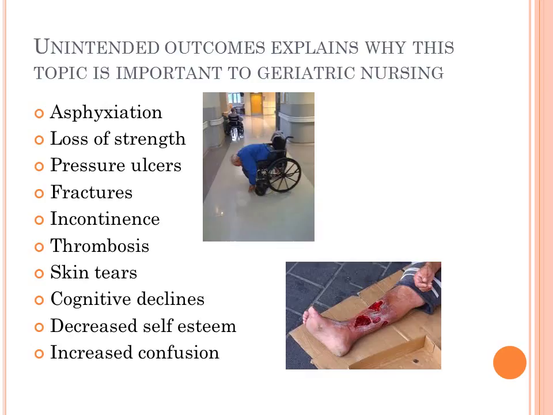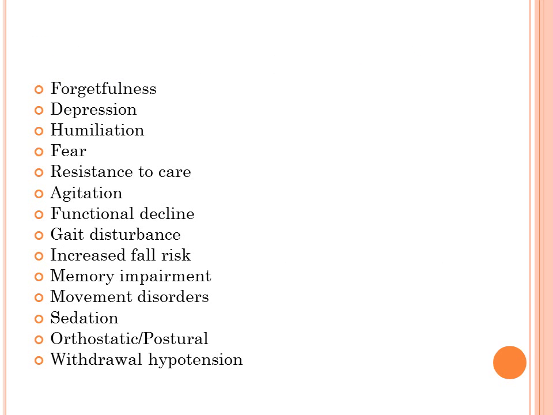You can see the picture on the bottom right of your screen. There is also incontinence, which could lead to skin tears, thrombosis, and cognitive decline. Self-esteem is also really affected. There's confusion, forgetfulness, depression, fear, agitation, gait imbalance, and memory impairment, just to name a few.